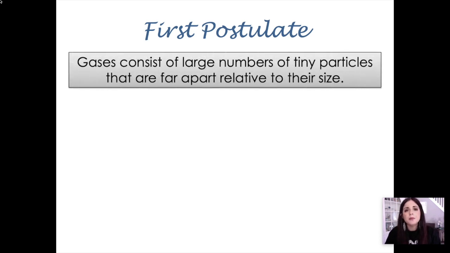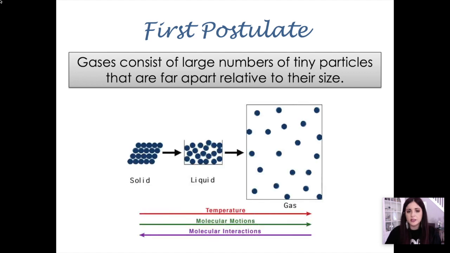First postulate says that gases consist of large numbers of tiny particles that are very far apart relative to their size. I actually just saw a question recently from College Board, and it wanted you to draw the separation of particles for a solid, a liquid, and a gas. Notice how much farther apart the gas particles are.